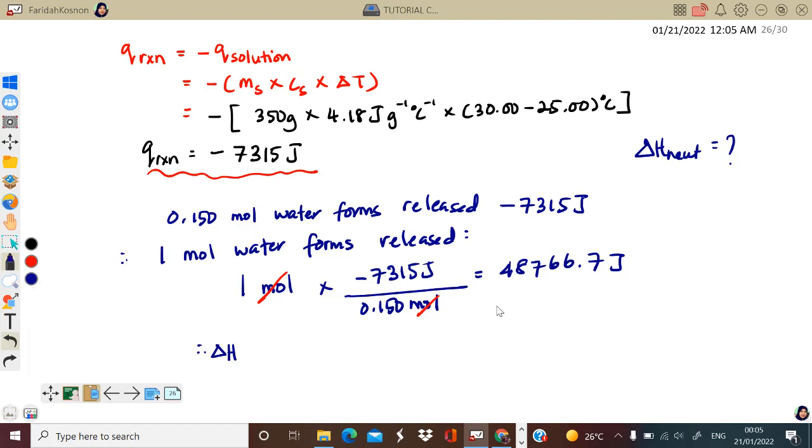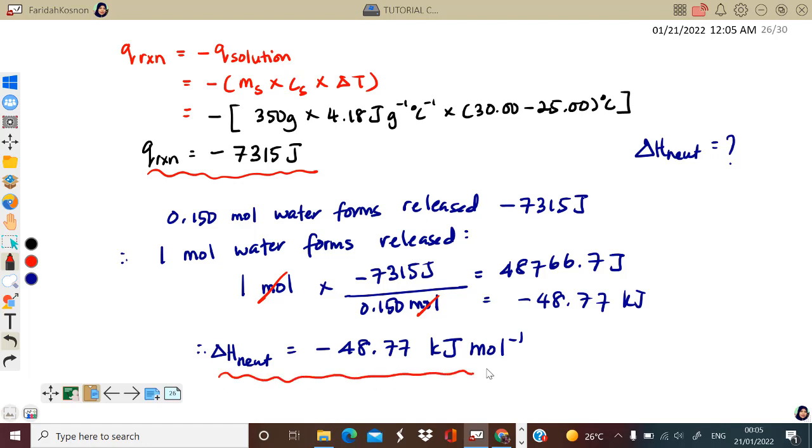So katalah saya tulis kat sini which is equal to negative 48.77 kilojoule. Tapi yang kita nak cari, nak beri jawapan akhir ni adalah ni. Delta H of neutralization is negative 48.77 kilojoule per mole because we are going to determine or calculate the heat release when 1 mole of water forms.